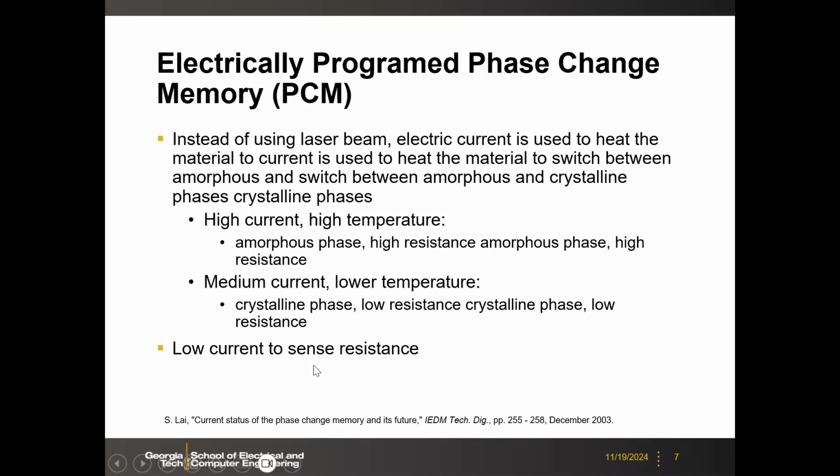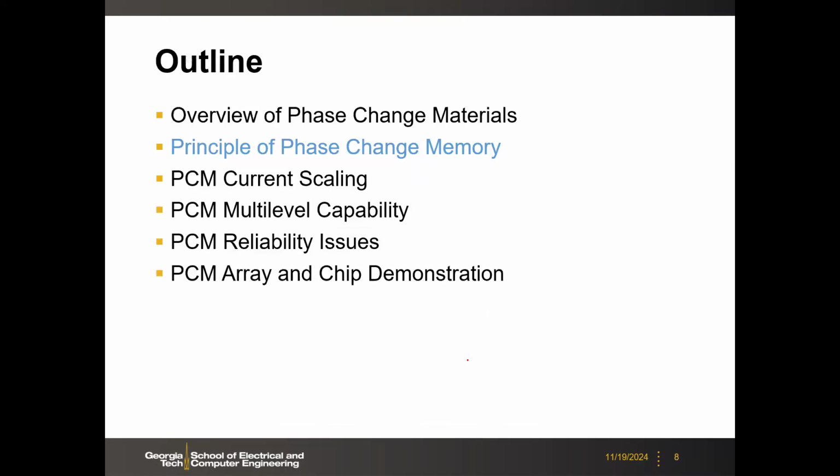Then you are going to use a super low current or super low voltage to sense the resistance. So basically, this is your reset process. This is your set process. And then this is a read process. All right, any questions so far?